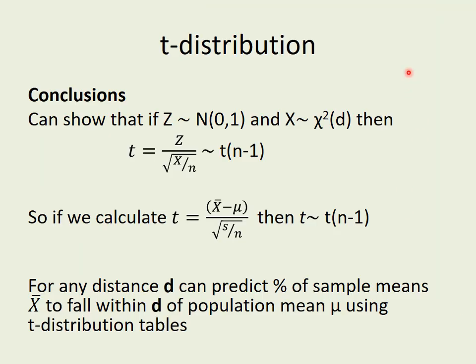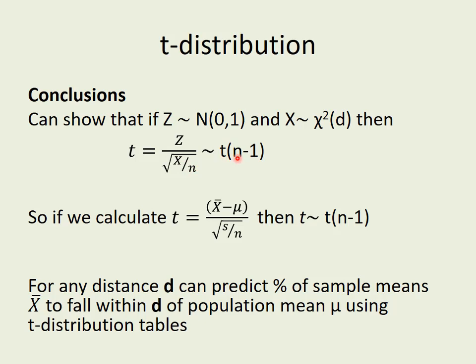So what you can show is that if you start with z that follows a normal distribution, and this follows a chi-squared distribution, then t follows this distribution. So t is the ratio between a z, a normal, when divided by something which follows a chi-squared distribution.